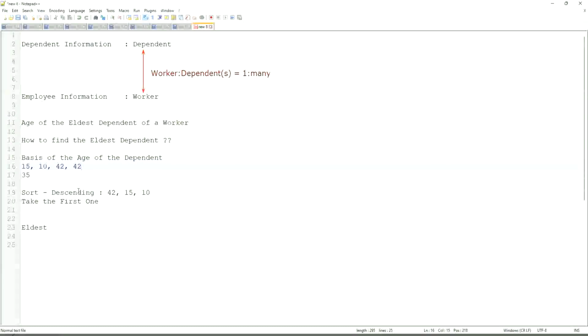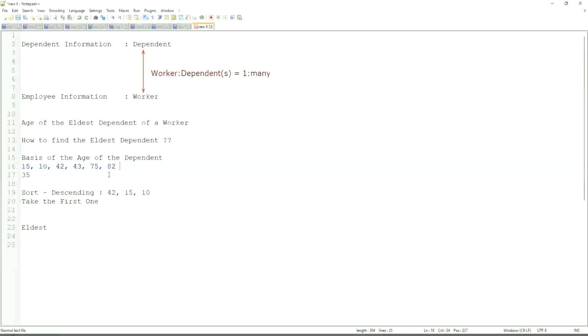Right. But if there are multiple dependents, maybe you give a higher priority to the spouse. So in that case you have to think of another factor to act as a tiebreaker. But let's say you have more numbers like 42, 43, 75, 82, and so on.